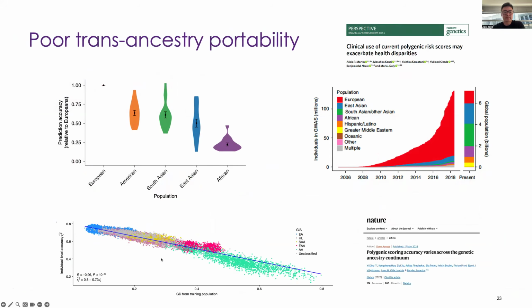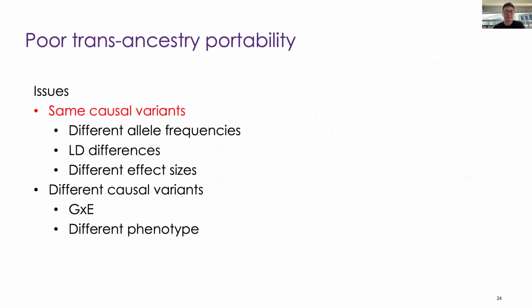A recent study reported that the reduction of the prediction accuracy is almost linearly related to the genetic distance to the European population, when the European population is used as the training population. So what caused this reduction and what the remedy is, is an active research area.